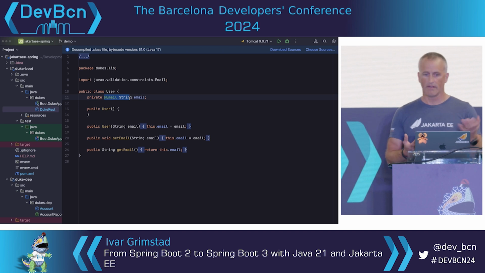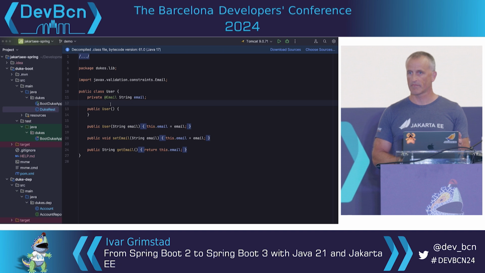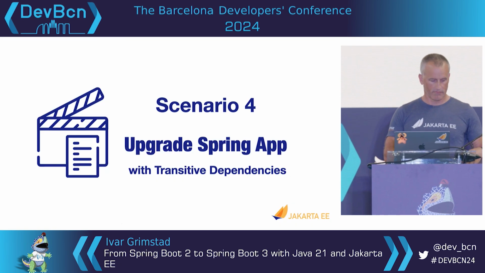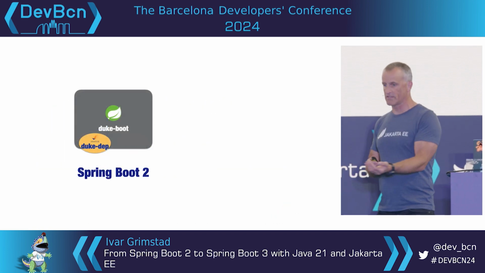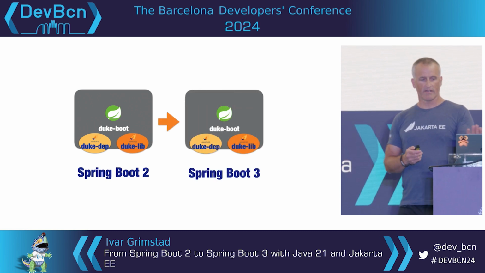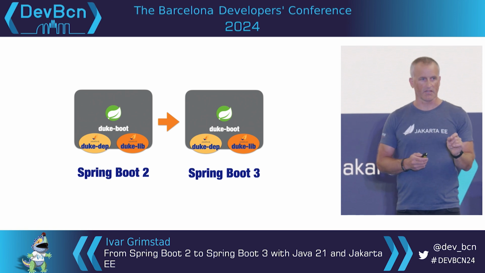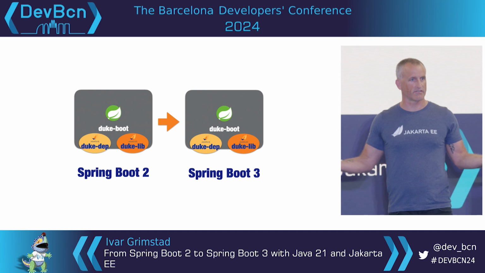So this is where I can have a hunch that the problem is from. But I don't have the source code for this one. So what do we do? We have the situation where I have a dependency that has a transitive dependency, dukelib. Then I have to move over and somehow get that transitive dependency working as well. And there may be many reasons why I don't have the source code for this one.